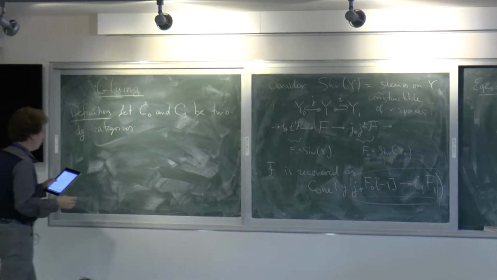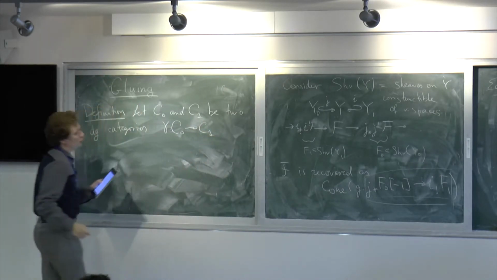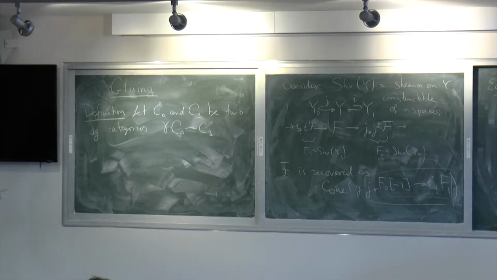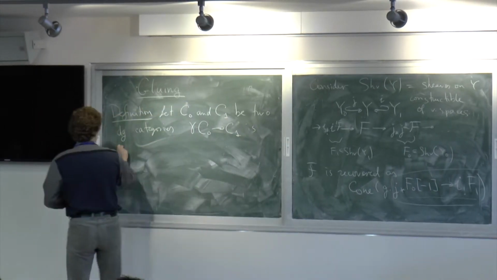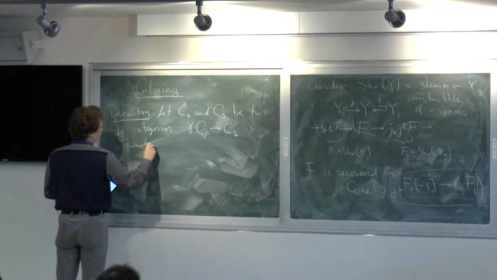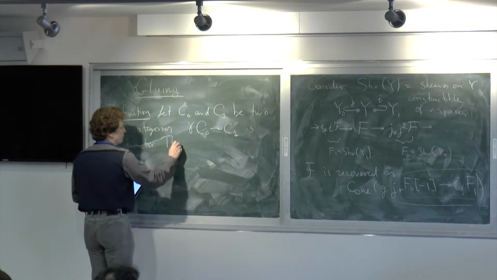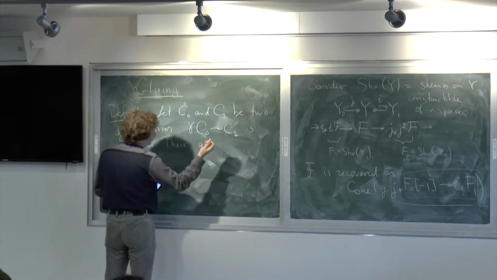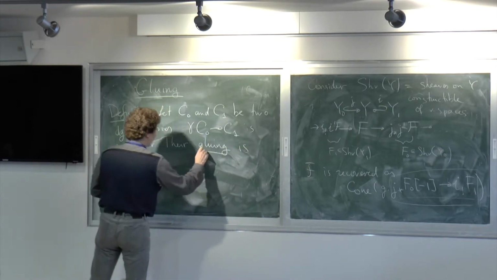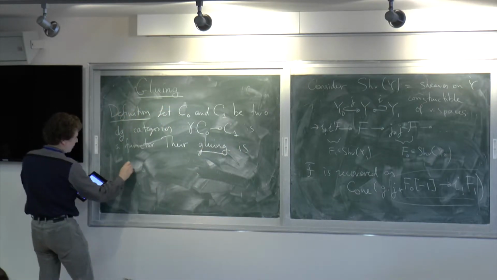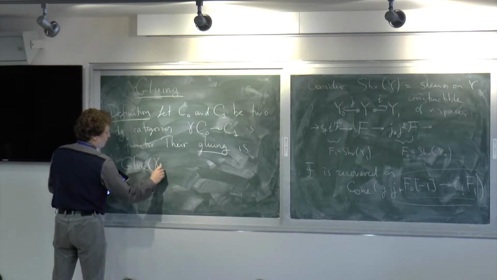And suppose that they are connected by a functor from C0 to C1. So an exact functor, I guess. I'm going to define the glued category. The corresponding glued category, which I'll denote just some.